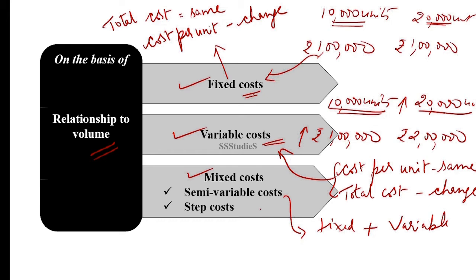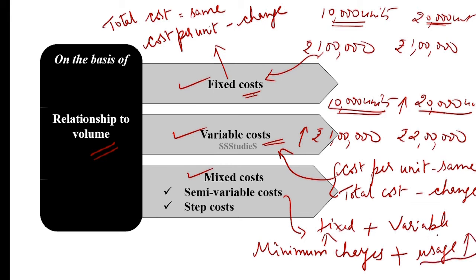For example, telephone bills or electricity charges. You have something called minimum charges, right? This minimum charge component is the fixed portion. And according to the usage of the telephone or electricity, the other portion will change. That portion is called variable cost.